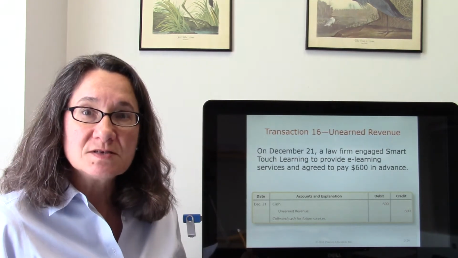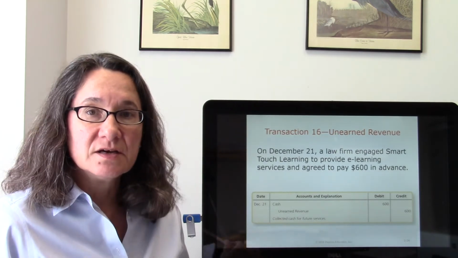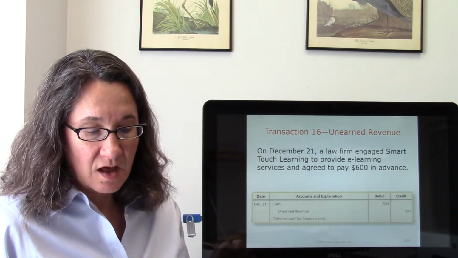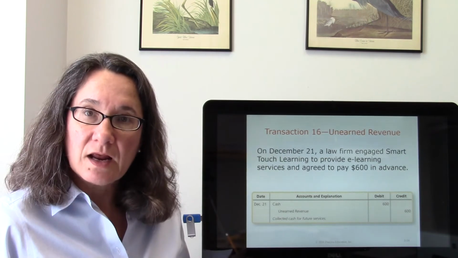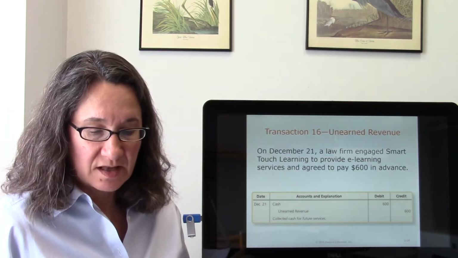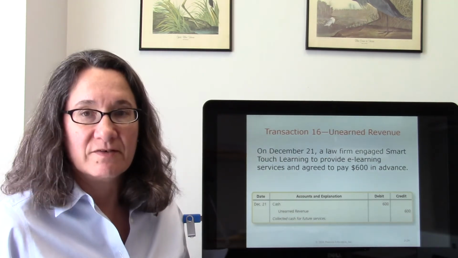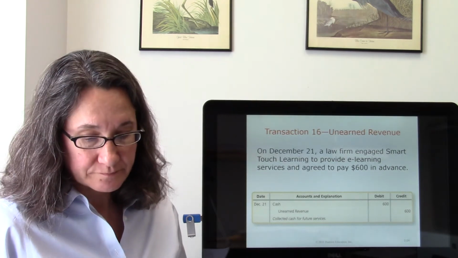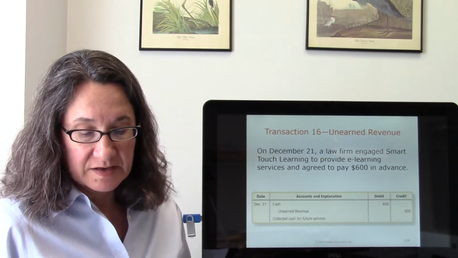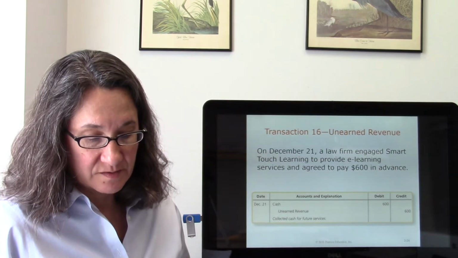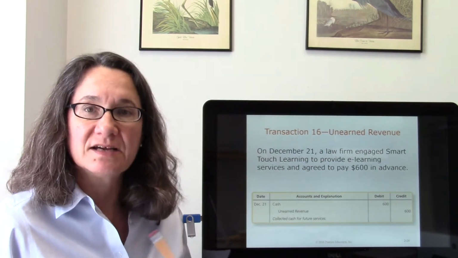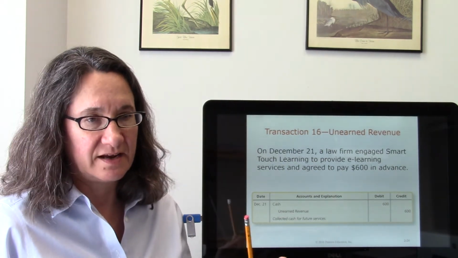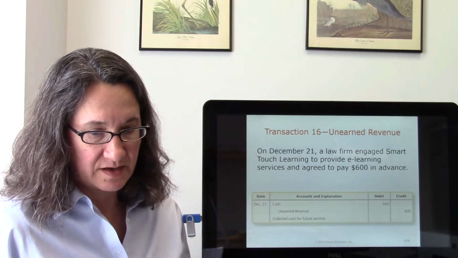So if we owe somebody something, that's a liability. So we actually owe this law firm some training. So we owe them something, so it's a liability. And unearned revenue is a liability. All right? And liabilities increase with credits, right? And of course they gave us some cash. Cash is clearly easy to understand as an asset. Assets increase with debits.